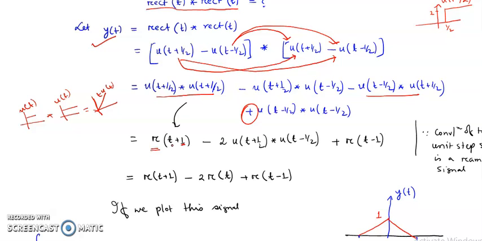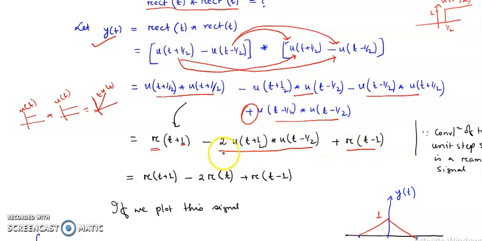So r(t plus 1) is the output of this convolution. These two signals are the same, only u(t plus half) convolved with u(t minus half), so we can write this as minus of this. The last term is the same kind of signal, so you can write r(t), with shift minus 1.